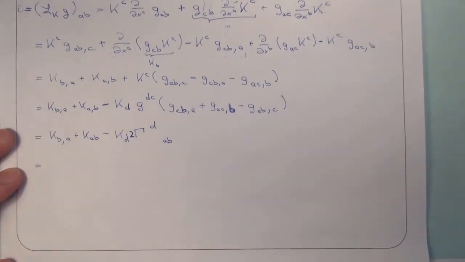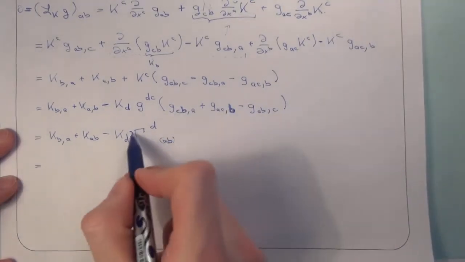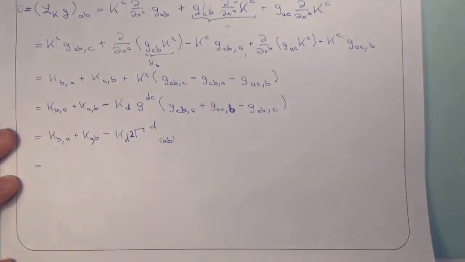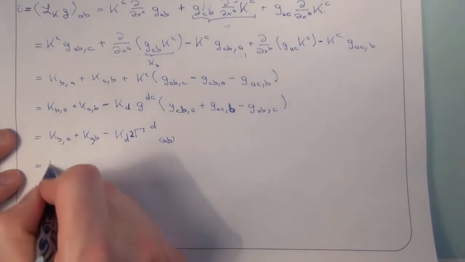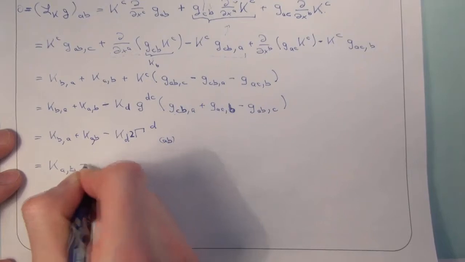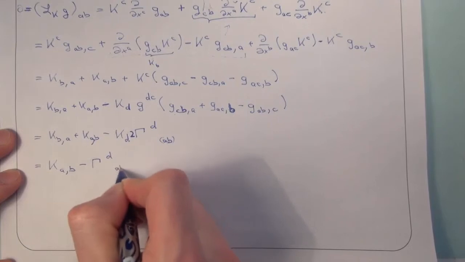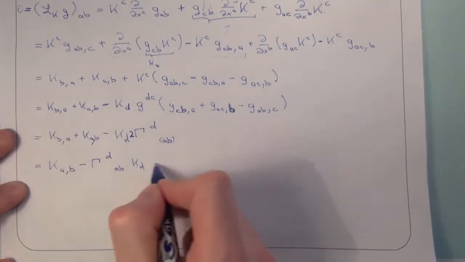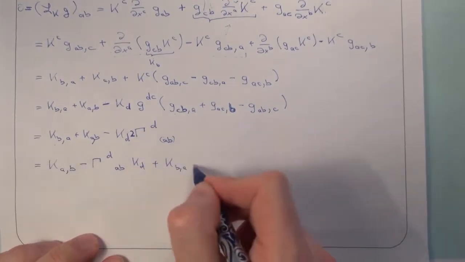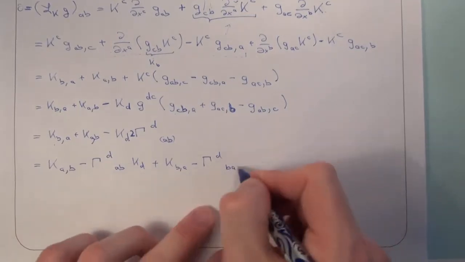And now we can do some reordering. So we know that this is symmetric in these indices, so we can distribute the two gammas onto these two. Here we missed some comma, I'm sorry. And that means we have K_{A, B} minus gamma^D_{AB} K_D plus K_{B, A}, this one, minus the other gamma, that's gamma^D_{BA} K_D.